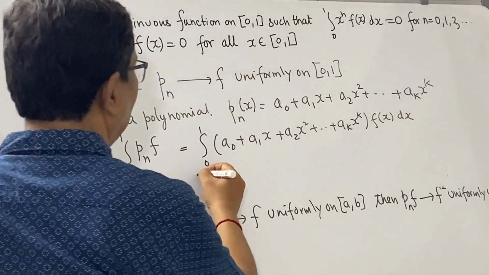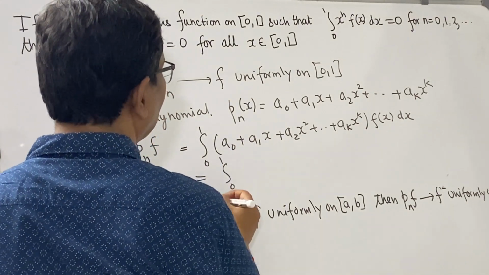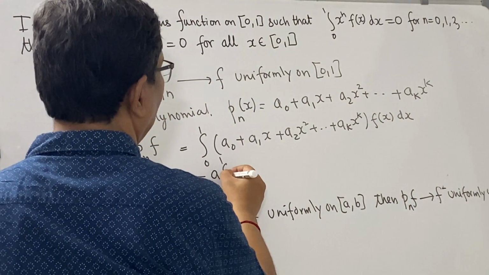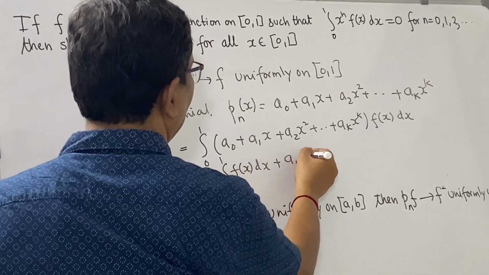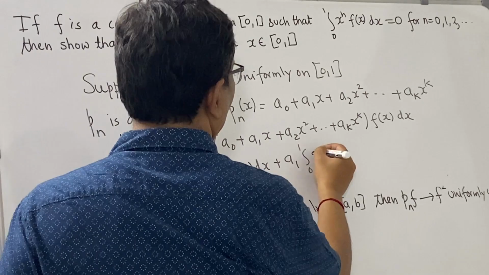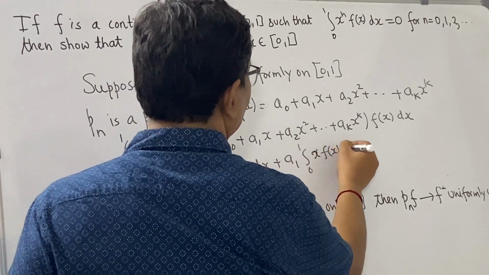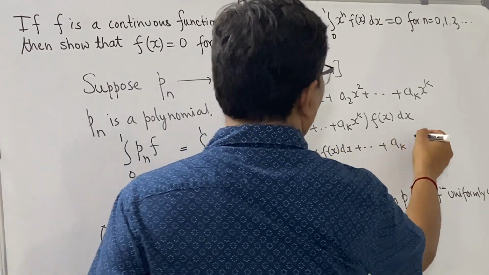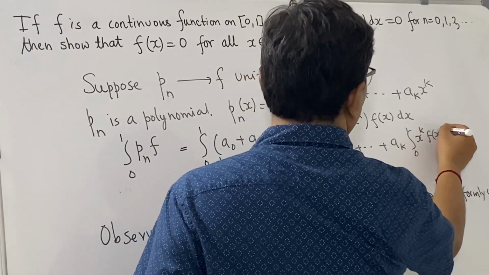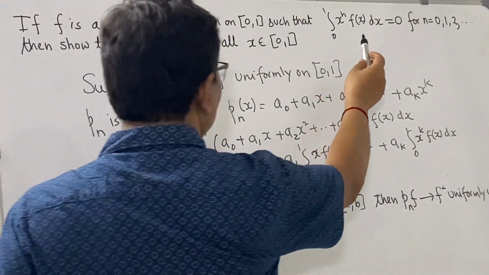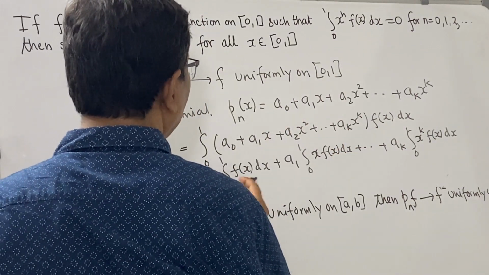By using the usual rules for integration, this becomes a_0 times the integral of f(x) dx plus a_1 times the integral from 0 to 1 of x f(x) dx, etc., plus a_k times the integral from 0 to 1 of x^k f(x). And by the given hypothesis, the integral from 0 to 1 of f(x) dx is 0.